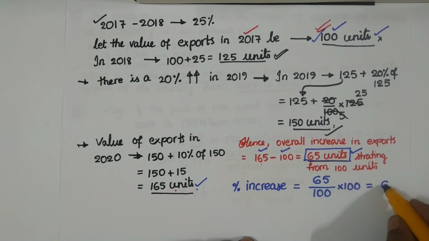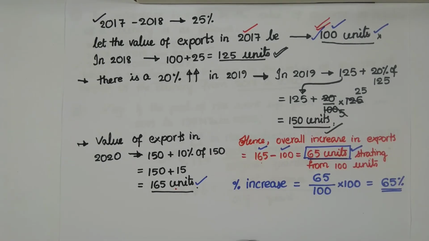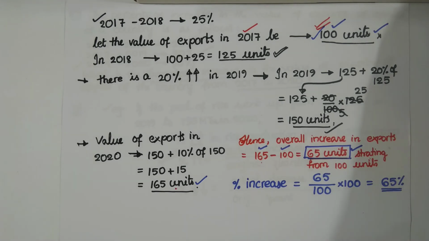So you will get 65 percent. So 65 percent is the percentage increase in the value of exports of apples of a country from 2017 to 2020 as per the given data.